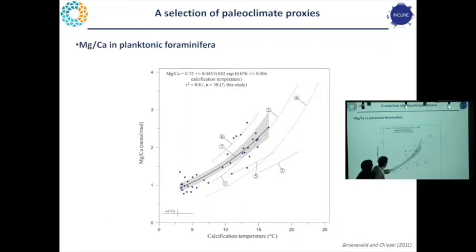You see that the incorporation of magnesium is higher as the calcification temperature is higher. Good. So we have these shells of planktonic foraminifera, for example, in a certain marine sediment core. We can analyze the magnesium to calcium ratio on those shells, and we may come up, by using one of these relationships here, with a specific calcification temperature.